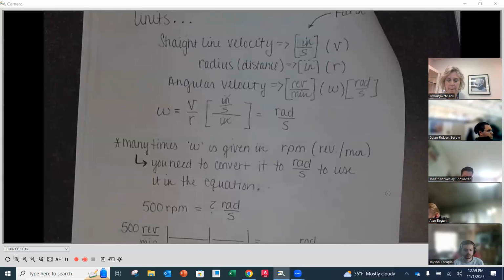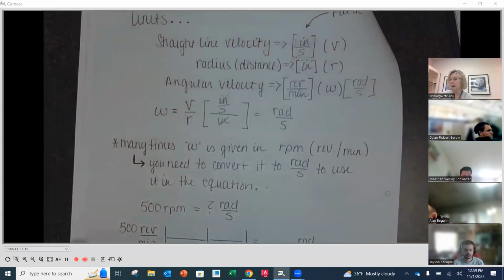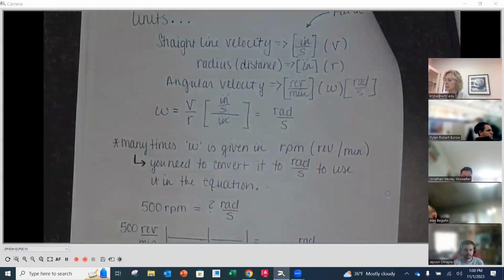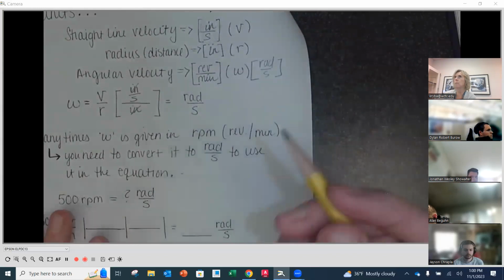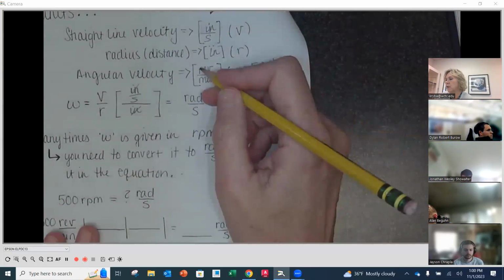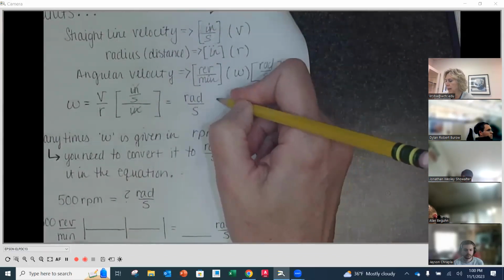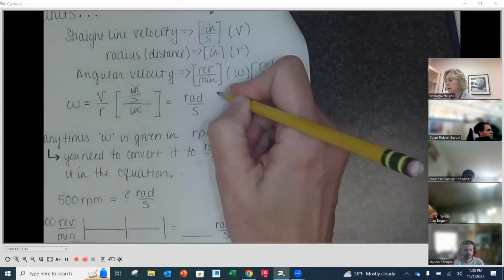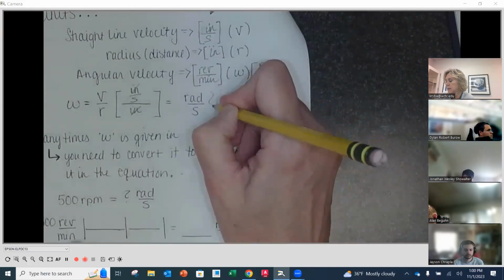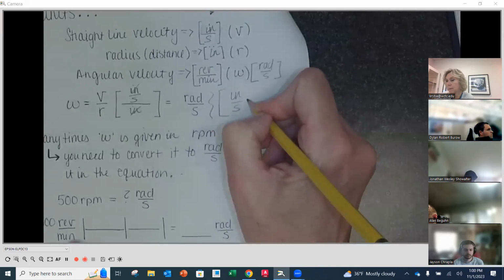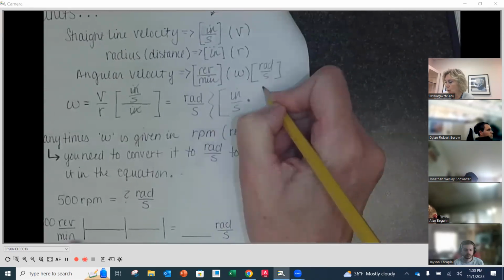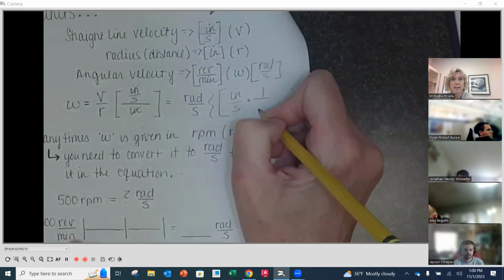How do we go from seconds on top to seconds on bottom? Oh, you mean up here? Yeah. Remember, this is an algebra thing, and I just didn't write it out the way you probably did in algebra. When you divide, what you do is take inches per second and multiply by 1 over whatever that denominator is.